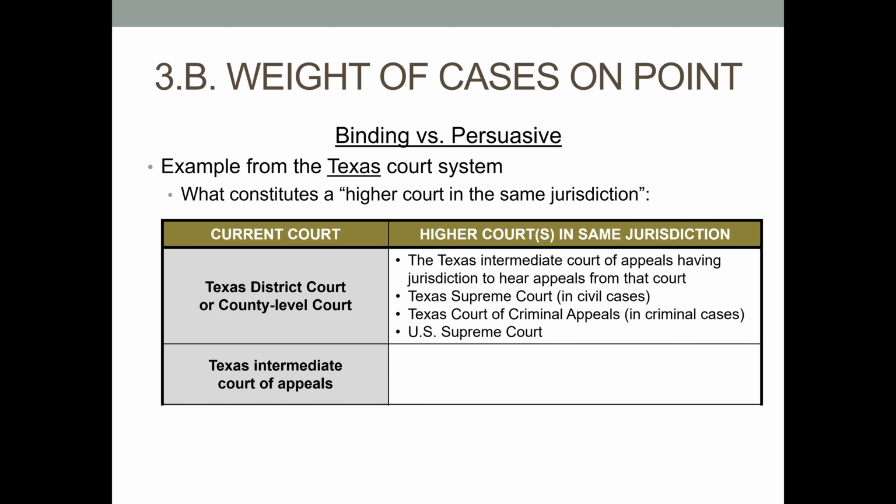Okay, next, let's say that your client is in a Texas Intermediate Court of Appeals, one of the 14, such as the Dallas Court of Appeals or Fort Worth or one of the 2 in Houston and so forth.